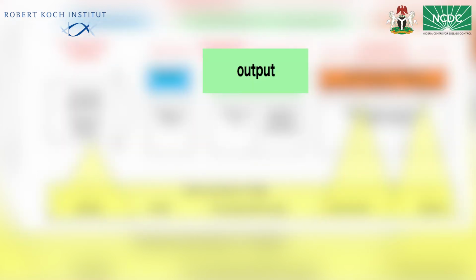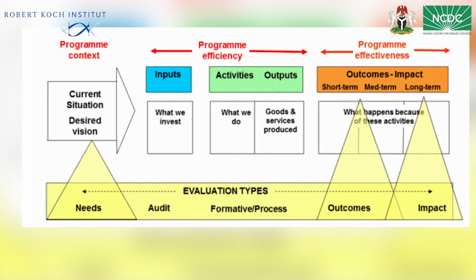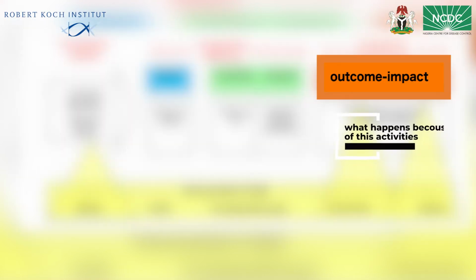What happened because of these activities are considered as outcomes and impact. This outcome and impact can be divided into short-term, mid-term, and long-term. What happens because of these activities on the short-term and mid-term is as well regarded as outcome, while that on long-term is considered as impact.